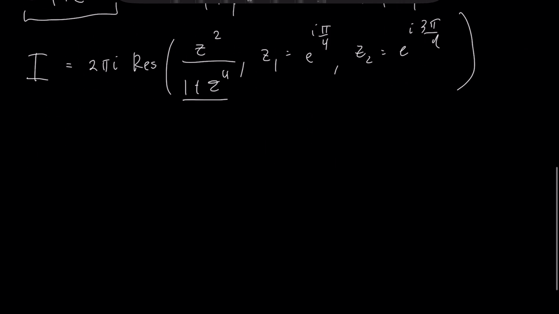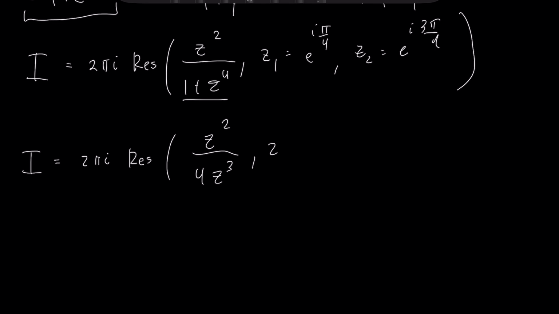And since these are simple poles, I could take the derivative of the denominator. So you have I equals 2 pi i, the residue of z squared over 4z cubed at z1 equals e to the i pi over 4 and z2 equals e to the i 3 pi over 4.